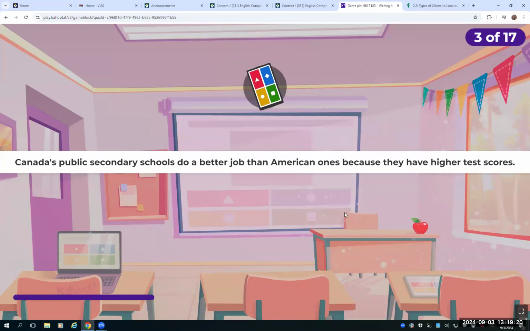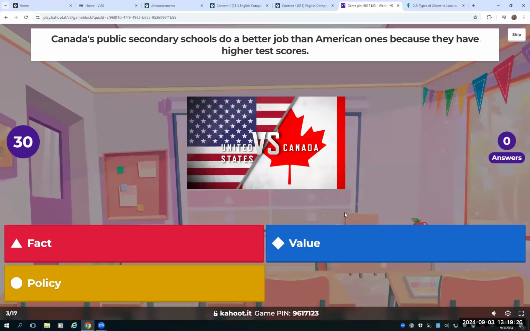Number 3, Canada's public secondary schools do a better job than American ones because they have higher test scores. So Canadian schools do better than American schools. Is that a claim of fact, a claim of value, or a claim of policy?